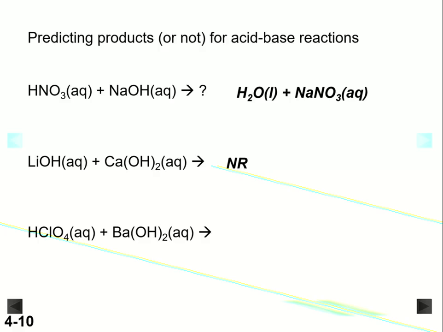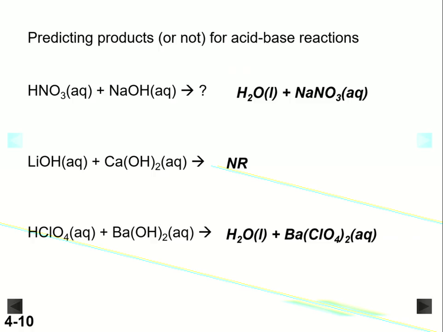The third reaction is HClO4, that is perchloric acid, reacts with barium hydroxide. We have an acid and a base. In this case, to drive the reaction, we would need 2 perchloric acids for the 1 barium hydroxide to give us water and barium perchlorate, and we would have 2 waters in that case.